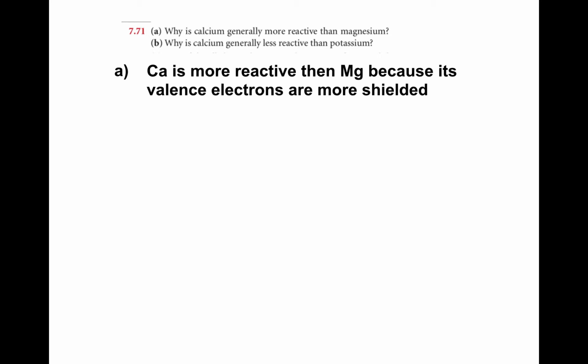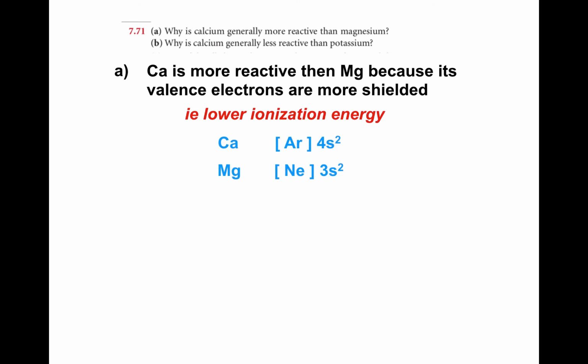Why is calcium generally more reactive than magnesium? It's a question of shielding. Calcium has got an argon core, magnesium has a neon core. So it's easier to take an electron away from calcium than it is magnesium. Right, there's the core, right? So calcium, more shielding.